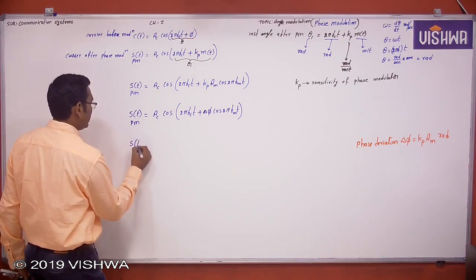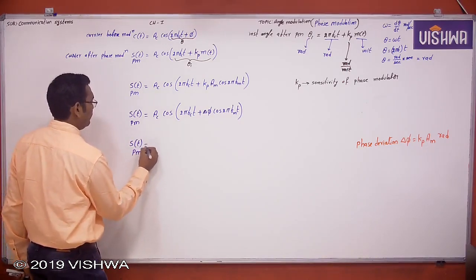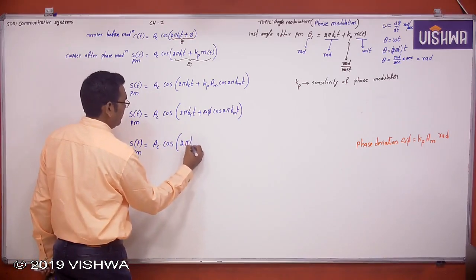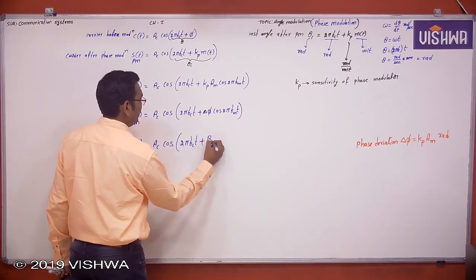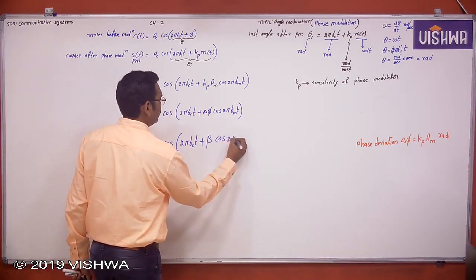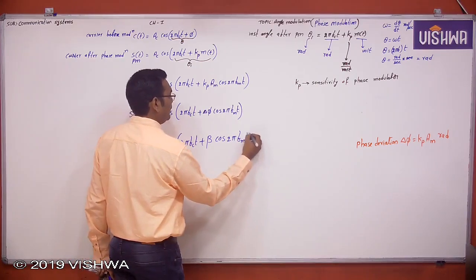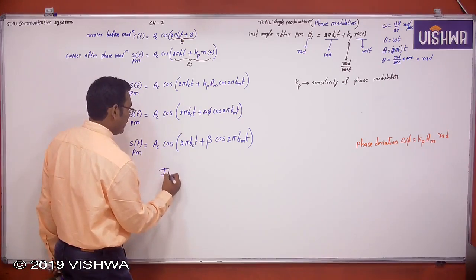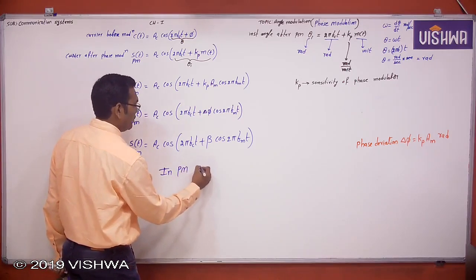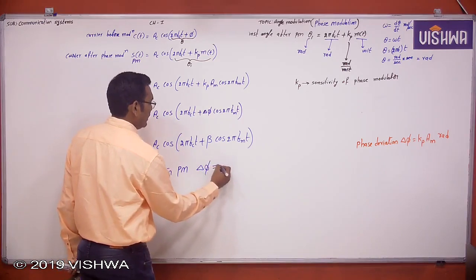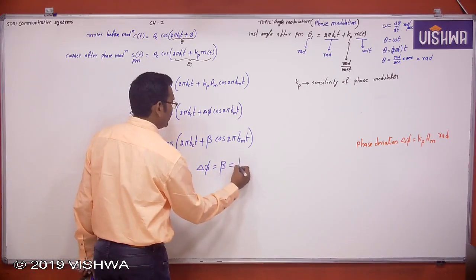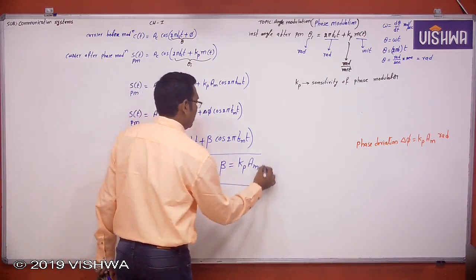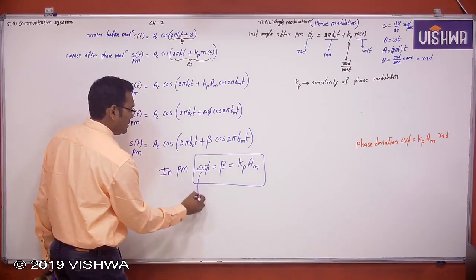In phase modulation, the PM wave is equal to Ac cos of 2 pi fc t plus beta into cos 2 pi fm t. Now see here, in PM, whatever the phase deviation is, that itself is called the modulation index.